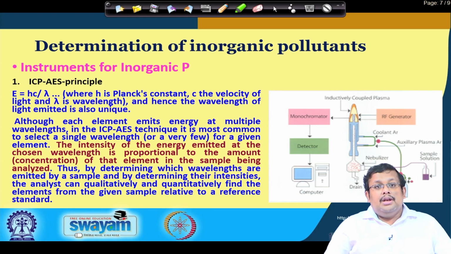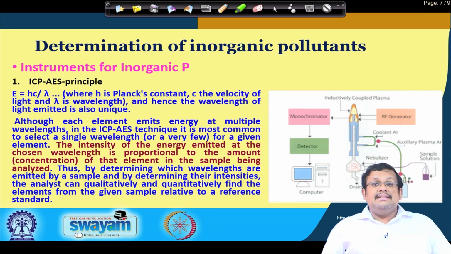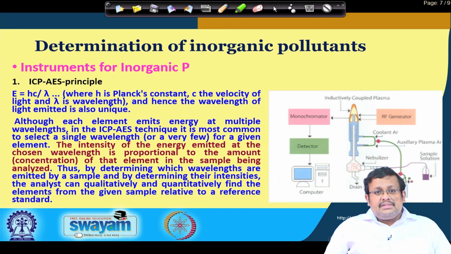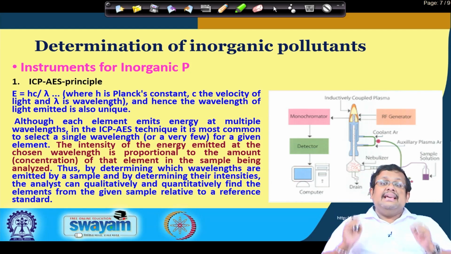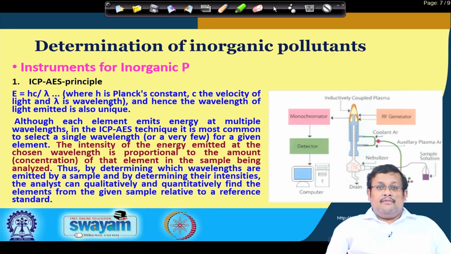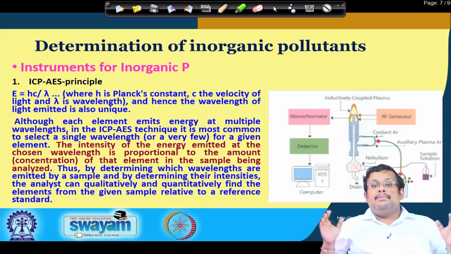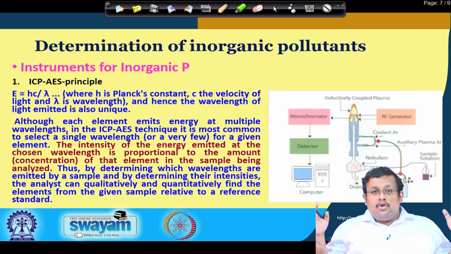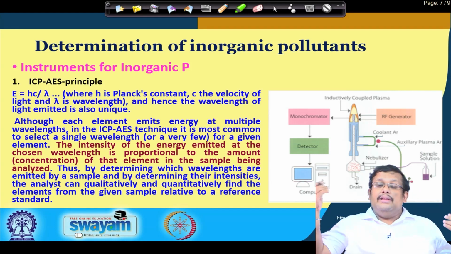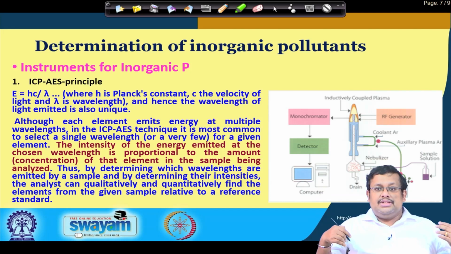Now, it is very important to remember that each element emits energy at multiple wavelengths. In the ICP-AES technique, it is most common to select a single wavelength or a very few wavelengths for a given element. Now, the intensity of the energy emitted at the chosen wavelength: we measure the intensity of the energy that is emitted when the excited electrons come back to their ground state.